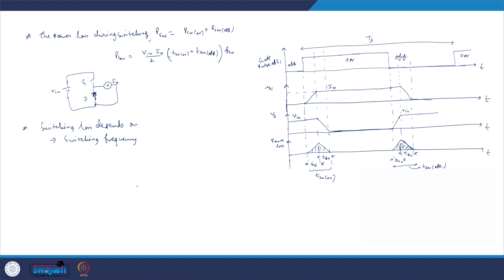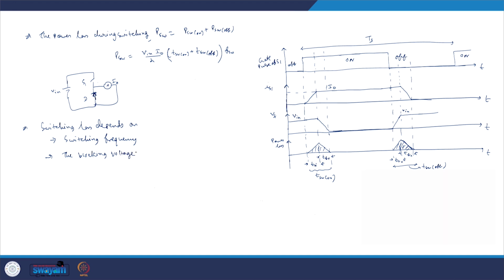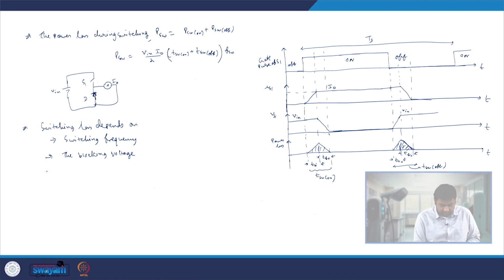So it depends on switching frequency, and it depends on the blocking voltage, that means the amount of voltage it is blocking when it is off. When it is turning on, the voltage has to fall down, and when it is turning off, the voltage must be built across it. So that depends upon the blocking voltage.